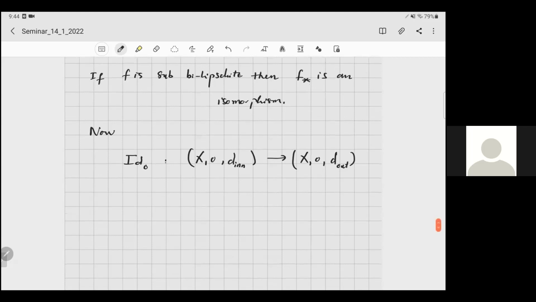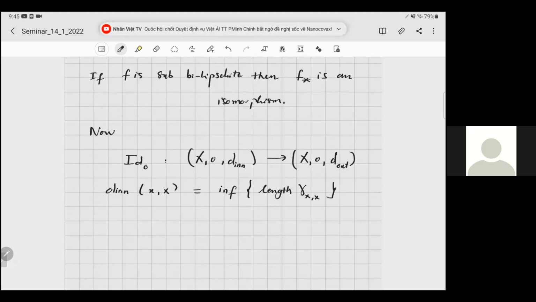The inner distance between x and x prime is the infimum of the length of every curve connecting x and x prime. And the outer metric is just the metric induced from the Euclidean metric.